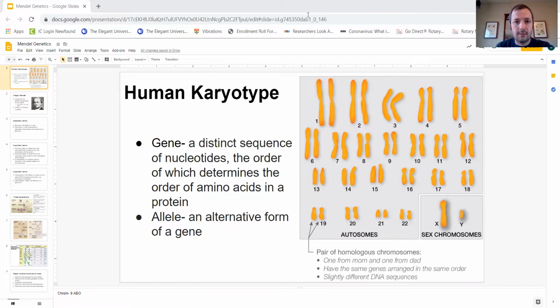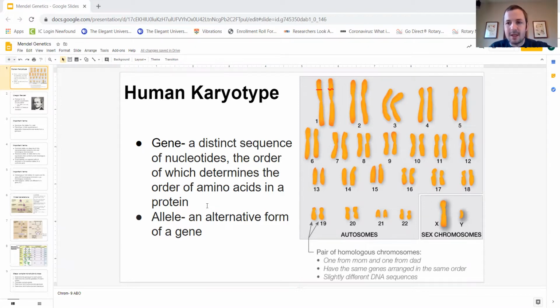And what's important to remember, if I can quickly annotate this, is that if we were to look for a gene, a sequence of nucleotides that code for a protein, we would find the same gene here as we do here. Essentially, you have two copies of every gene, a distinctive sequence of nucleotides, the order of which determines the order of amino acids in a protein.